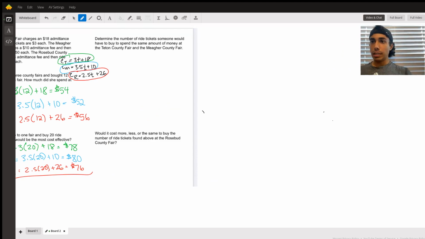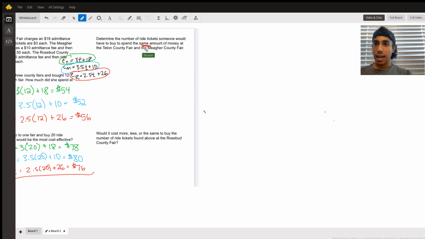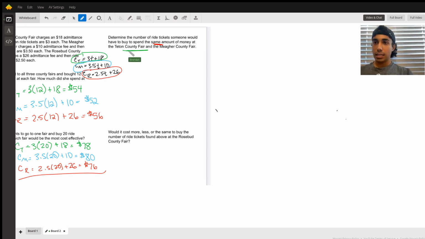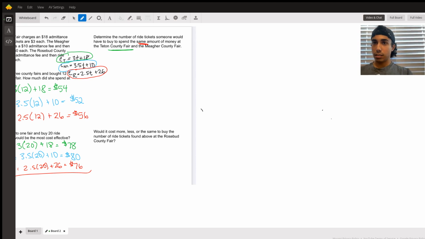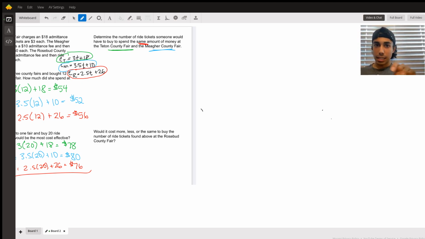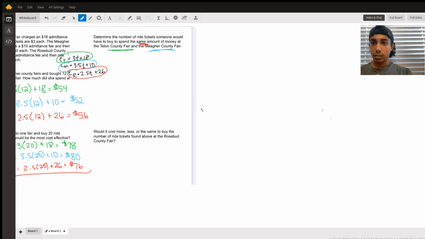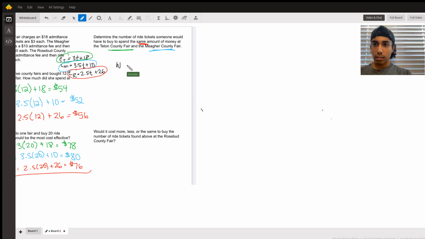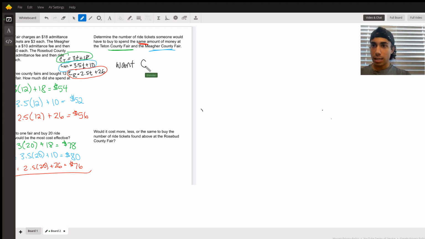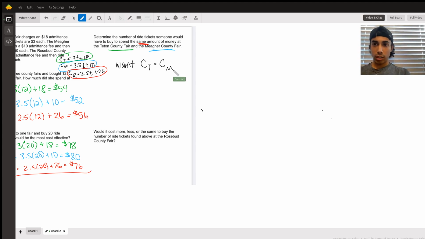All right, determine the number of tickets they would have to buy to spend the same amount of money. So we want the same amount of money at Teton and at Meager. What that's saying is that we want the cost of Teton to be equal to the cost of Meager. That's what he's looking for.